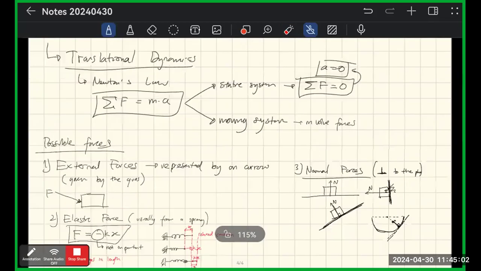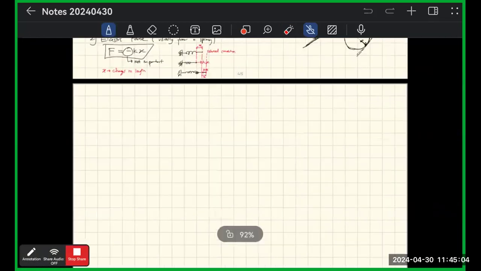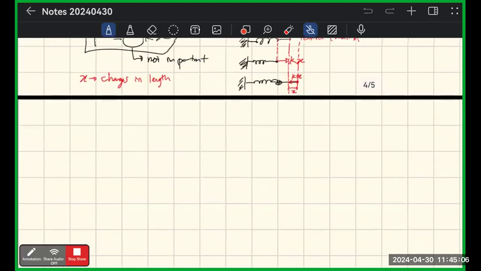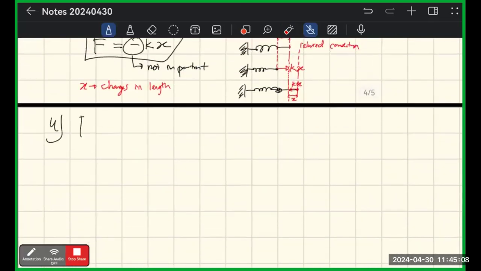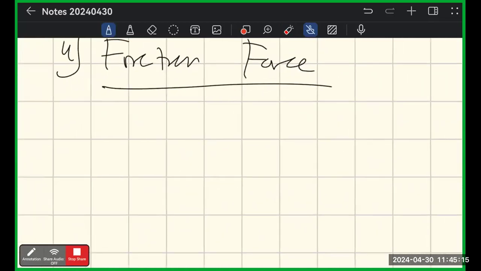That's the normal force. And the last force that I would like to talk about is the friction force. For the friction force, you will have two kinds of friction, the first one being the static friction.